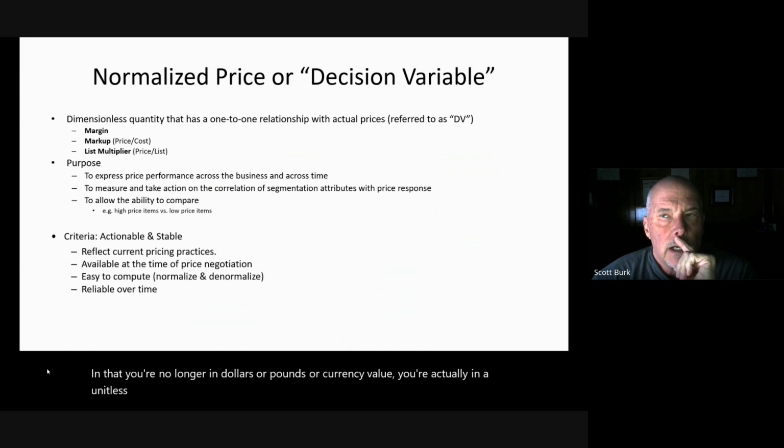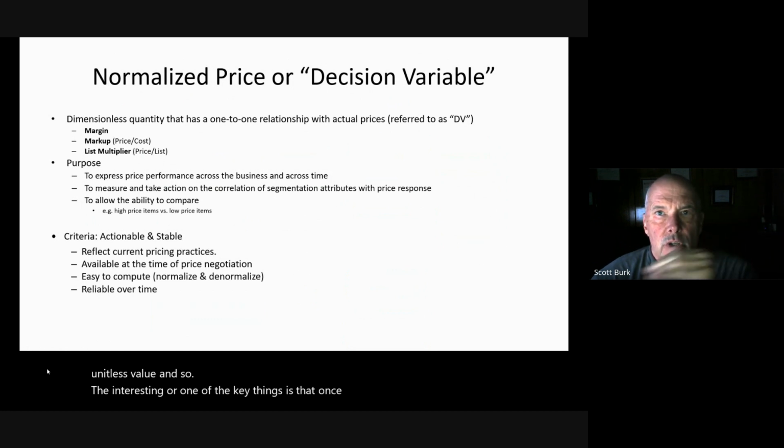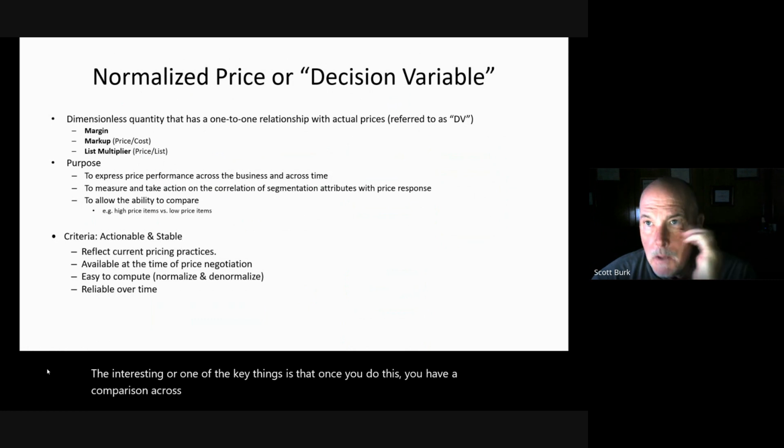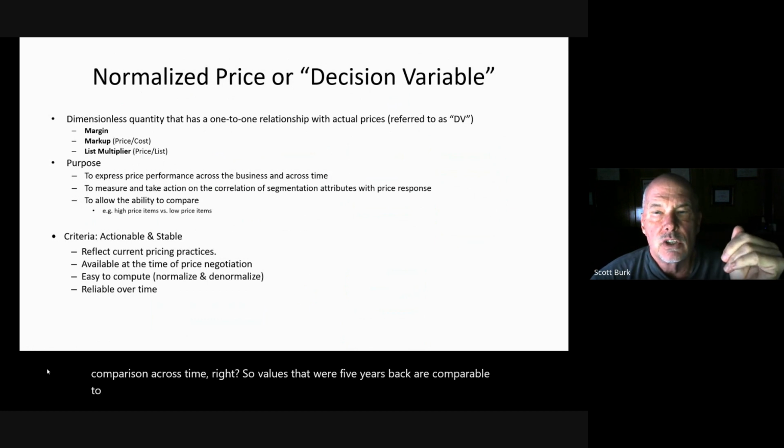One of the key things is that once you do this, you have a comparison across time, right? So values that were 5 years back are comparable to today because you used that ratio.